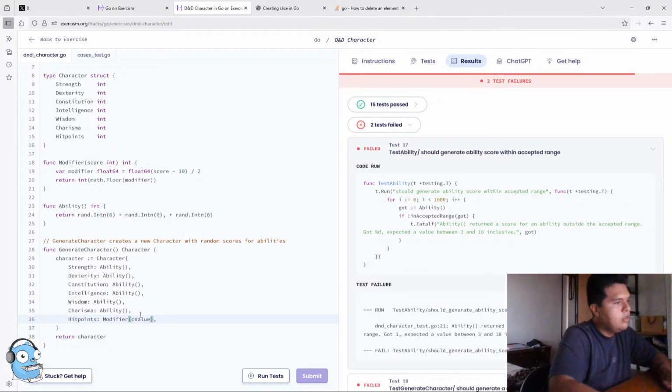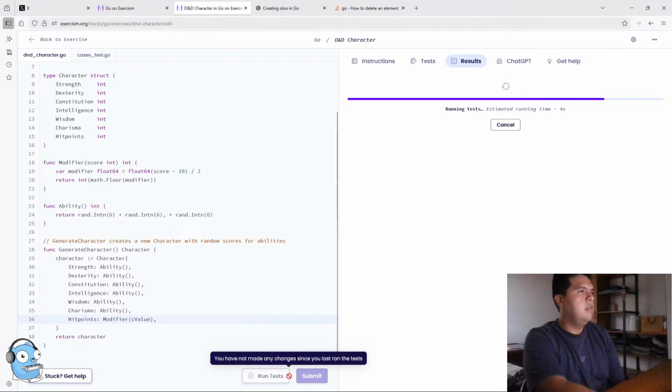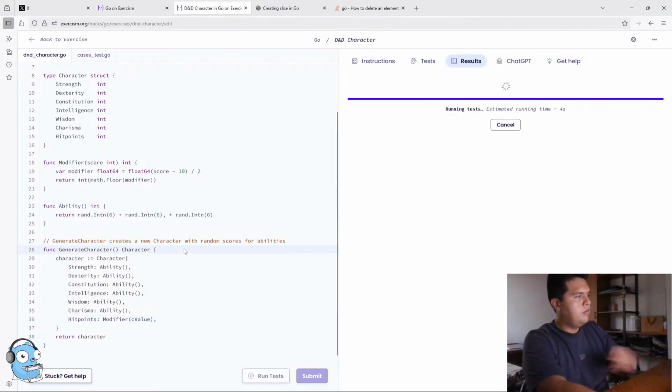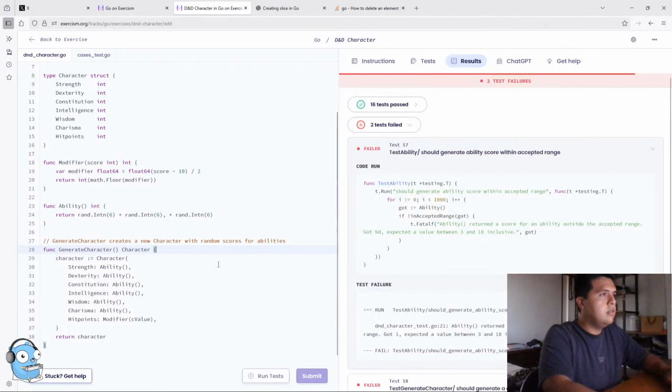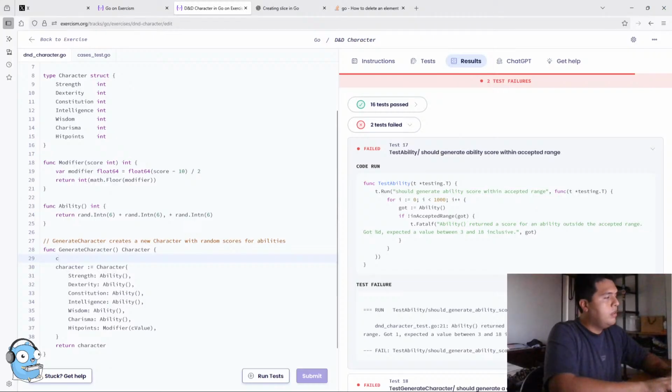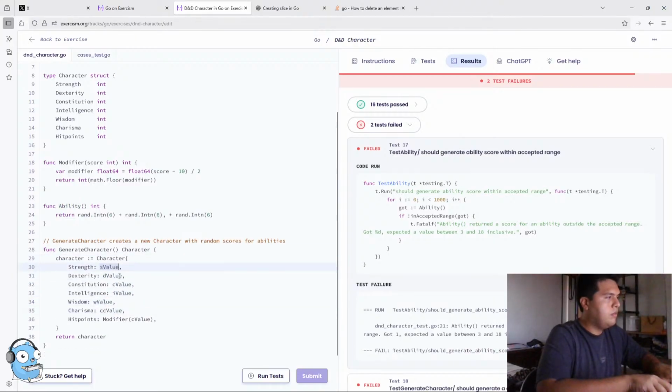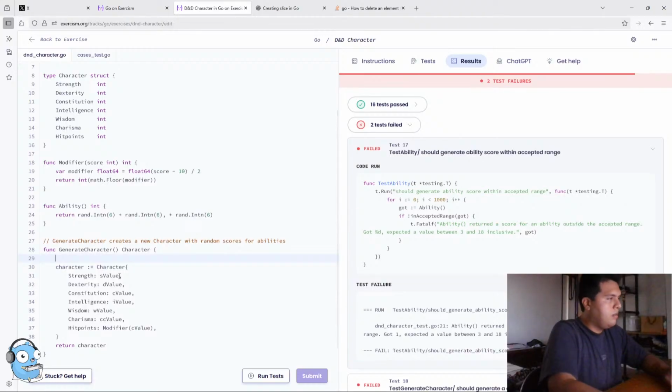Charisma value. Okay. Strength equals to ability.